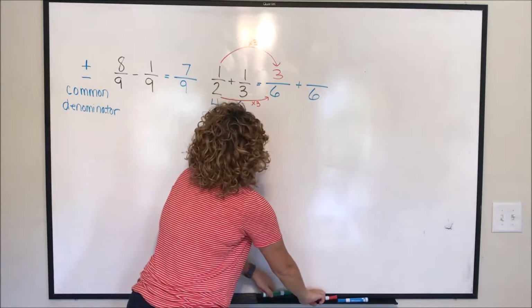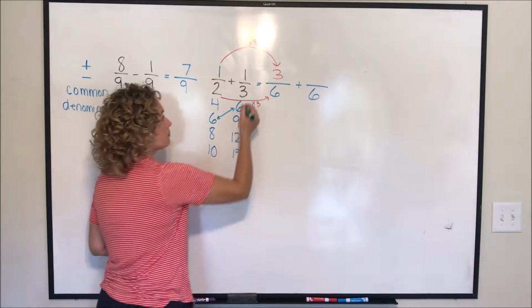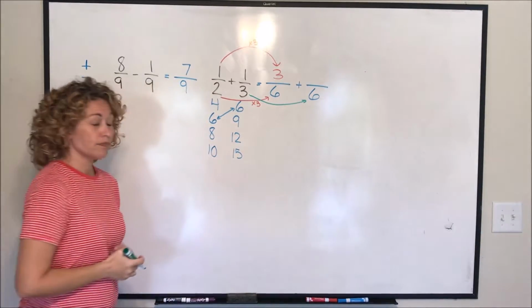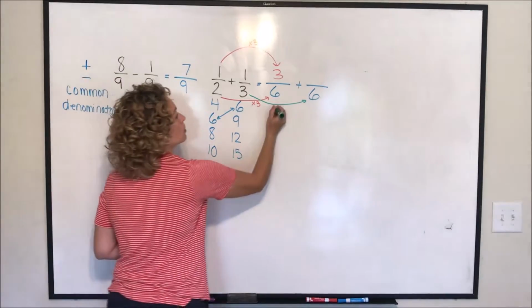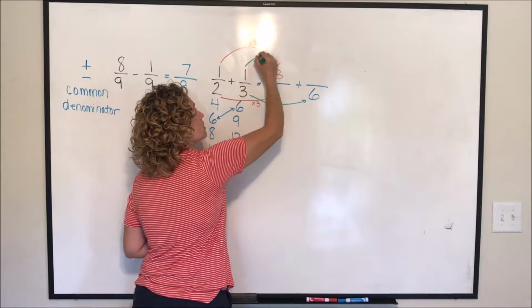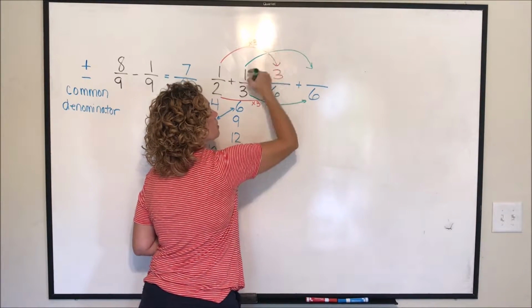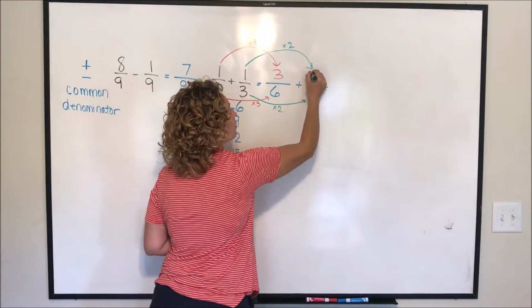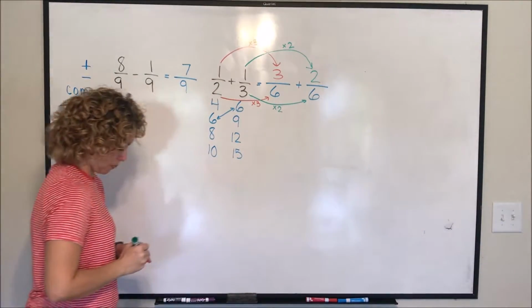Okay? The next one, 3 times what gives us 6? Well, we know 3 times 2 gives us 6, which means we also need to do that to the top number. So 1 times 2, we know, is 2.